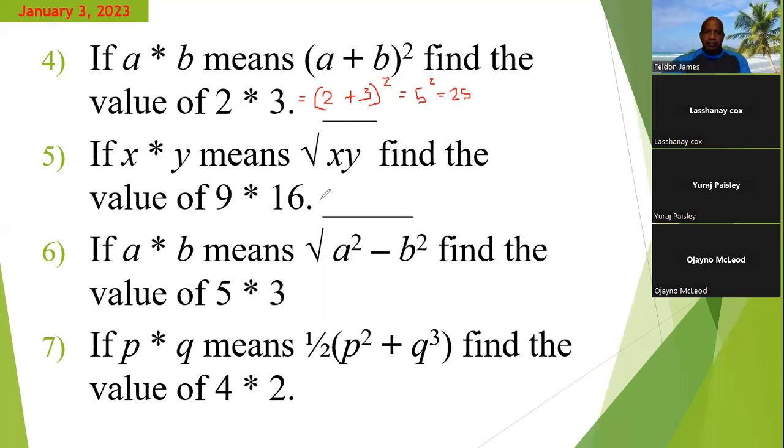X represents 9 and Y represents 16. All right. So what do we have here now? So you're going to have 9 star 16 equal to 9 times 16 on the right hand side.